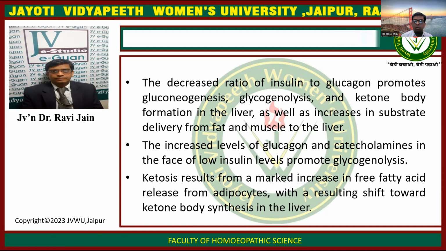The increased level of glucagon and catecholamines in the face of low insulin level promotes glycogenolysis. The ketosis results from the marked increase in fatty acids released from the adipocytes, with a resulting shift towards ketone body synthesis in the liver. So there is excessive production of ketone bodies, and metabolism of glucose produces excessive ketone bodies.